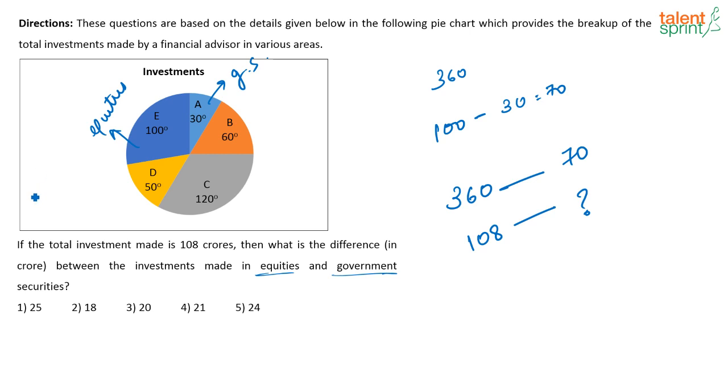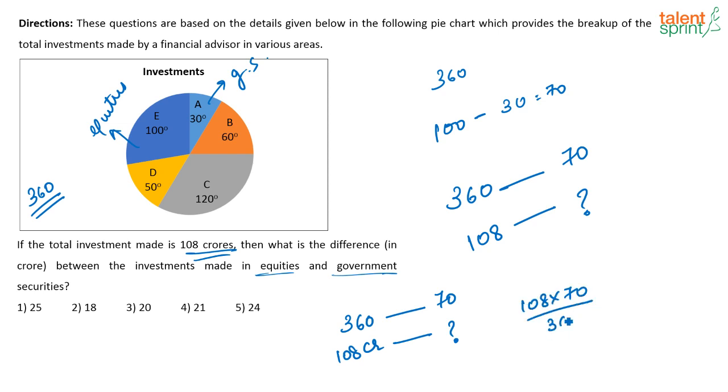So see, what is given here? If the total investment made is 108 crores, then what is the difference between investment made in equities and government securities is what they are asking. So if I am assuming that the total investment is 360, then 100 is for equities and 30 is for government securities. What is the difference in that case? 100 minus 30 or 70. So if I am investing totally 360 rupees, the difference is 70. But here it is given that I am investing 108 crores. In that case, what will be the difference? 108 into 70 divided by 360.